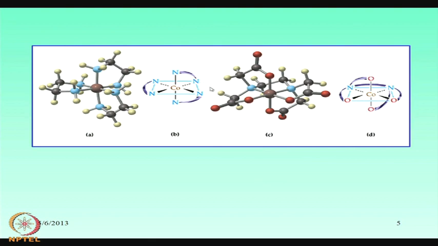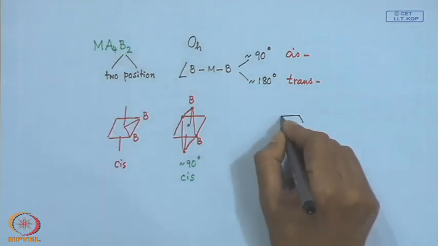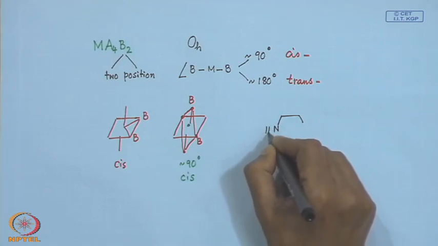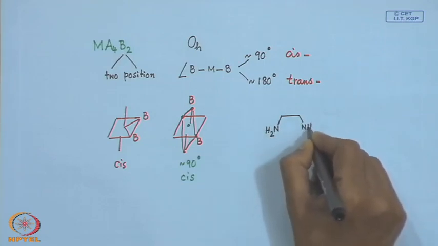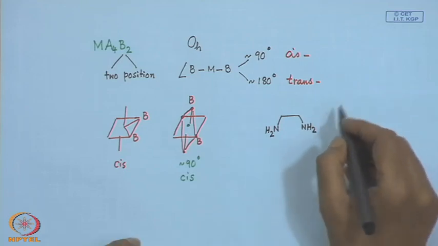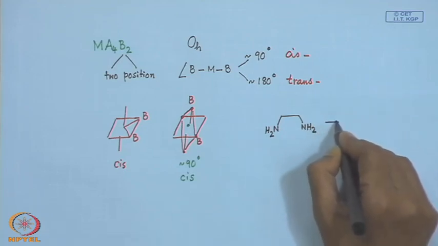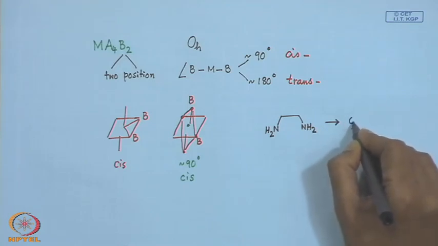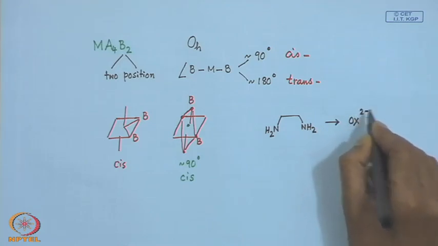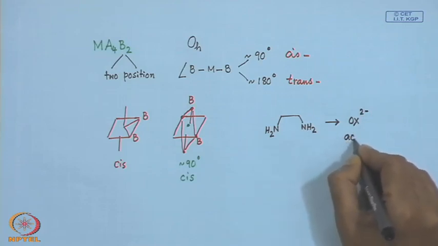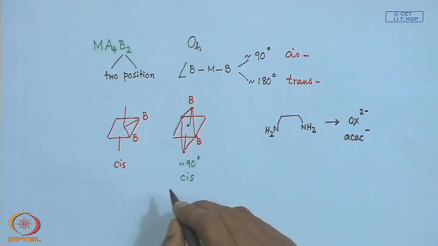Similarly, if we just simply go for ethylene diamine, this particular ligand is our ethylene diamine, and it binds through the two nitrogen atoms of the ethylene diamine molecule. This particular ligand is similar to what we are seeing just now in the oxalate anion or the ACAC, acetyl acetone anion.